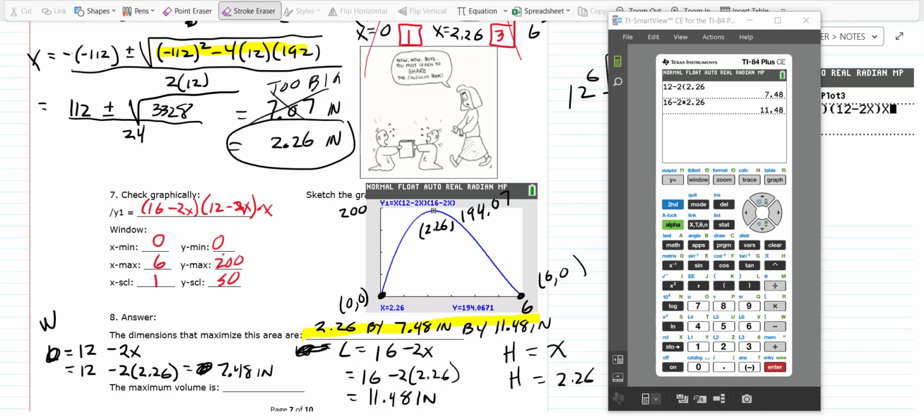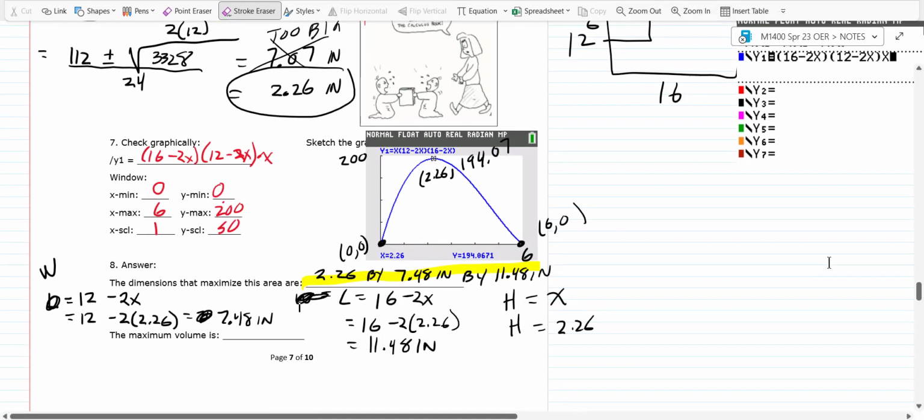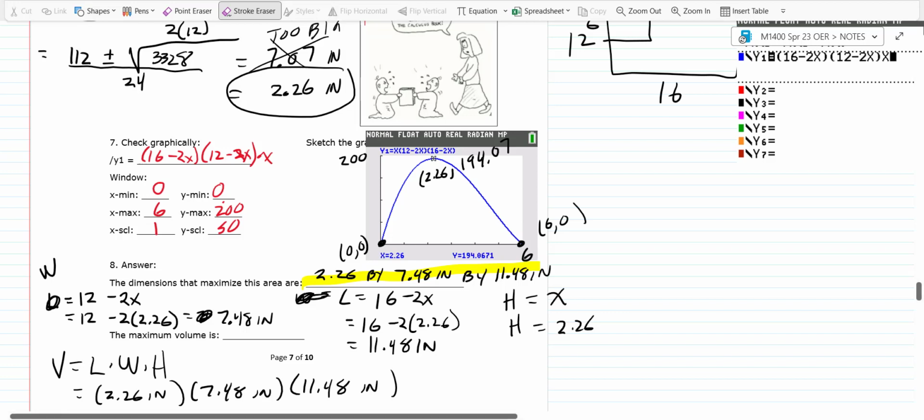Okay, that's how that gets put together. Okay, all right, and then the last thing would be the volume. The easiest way to do the volume is on your calculator. The volume is length times width times height. So all we got to do is just do 2.26 inches times 7.48 inches by 11.48 inches, and then that'll give you that maximum volume.